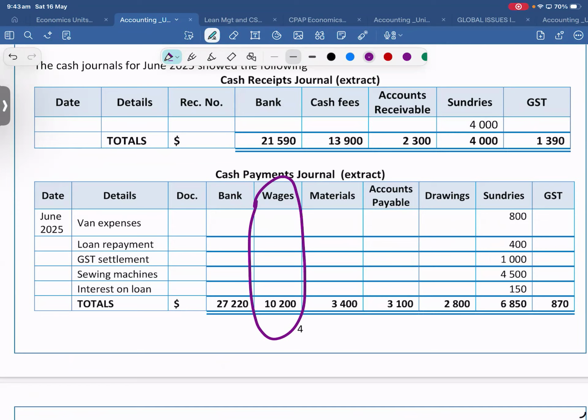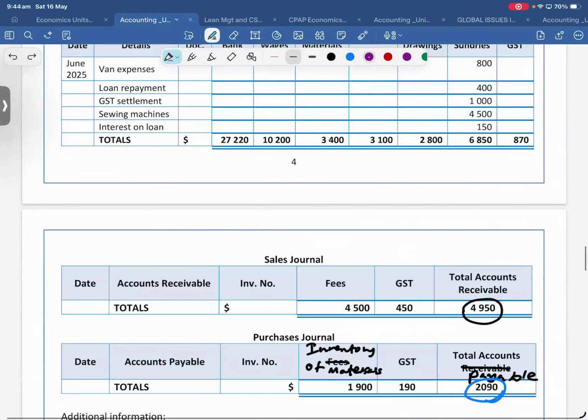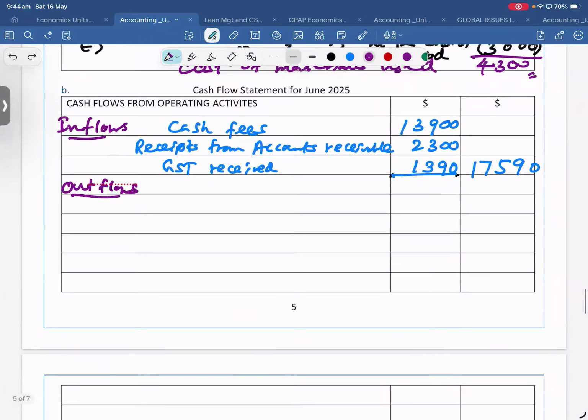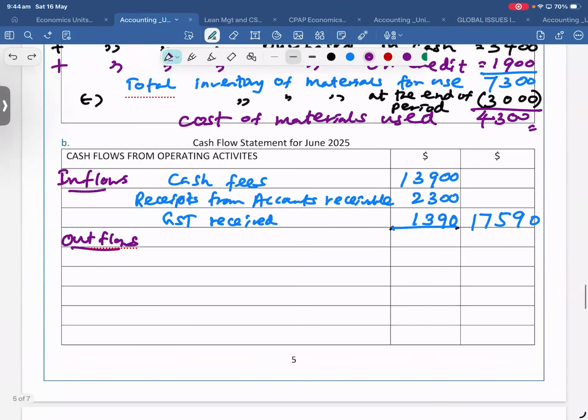Income statement is expenses, wages is an expense. Is it going to the cash flow statement? It's an outflow. Very good. So then wages is going to which heading? Operating, day-to-day activities.